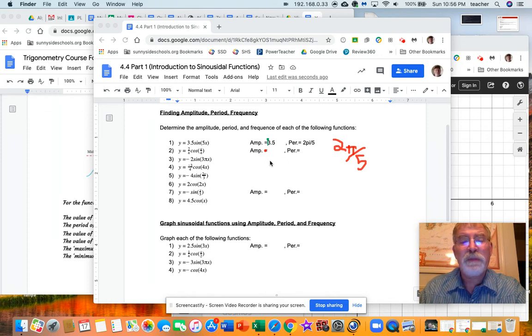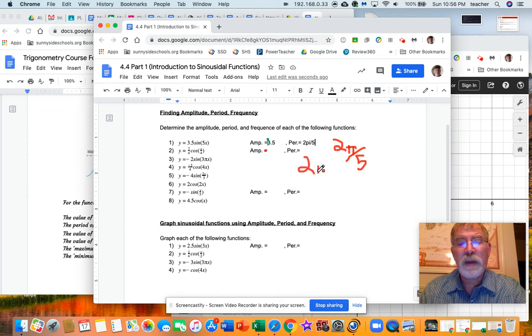So it's, remember, 2 pi divided by b, right? Now, because my x is being divided by 4, that's the same as 1/4. My b is not 4, my b is 1/4.